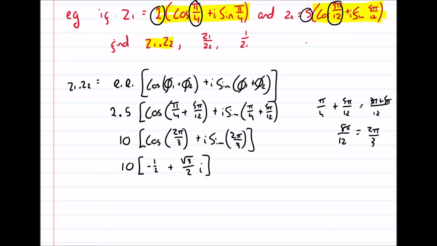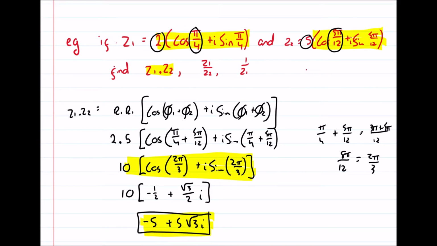So 10 multiplied by minus a half is minus 5 plus 5 root 3 I. Okay, so that's it in rectangular form. So if they ask for it in rectangular form, there it is. If they asked for it in polar form, there it is.